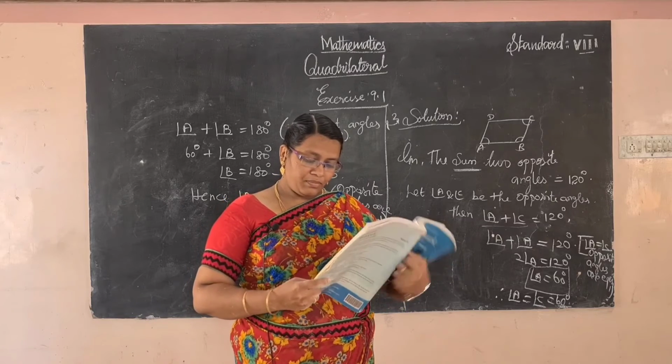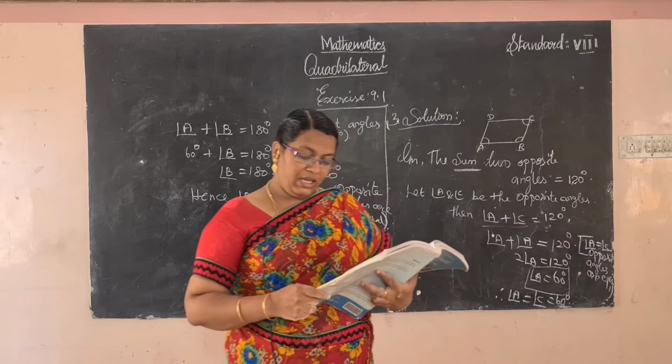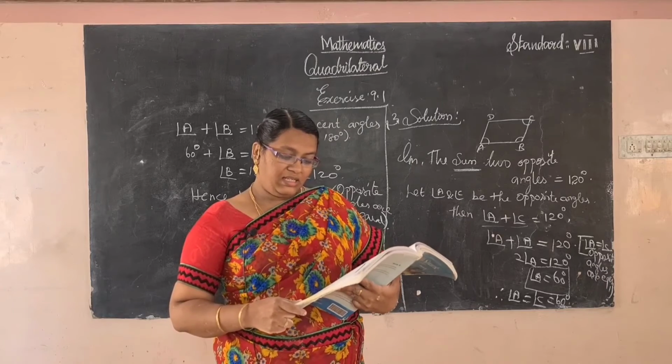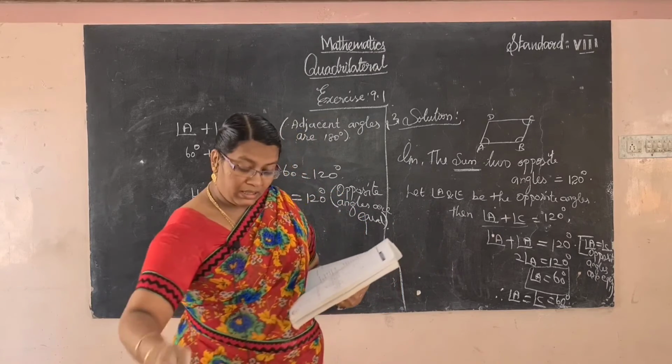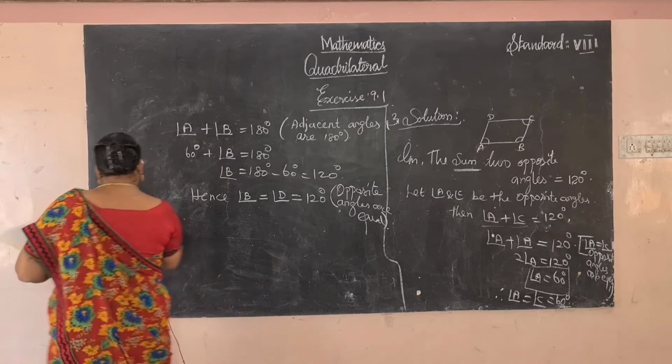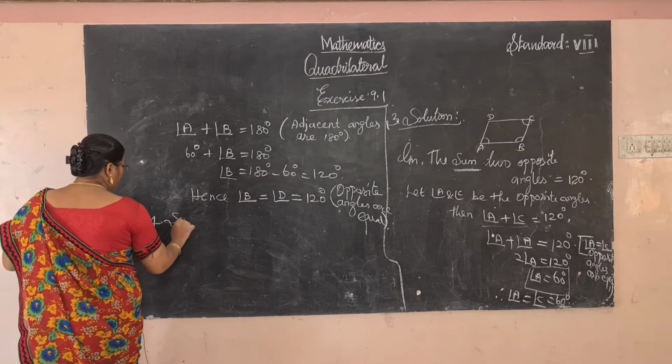Okay, here also the angles are given. Adjacent angles means next angles. See the fourth solution.